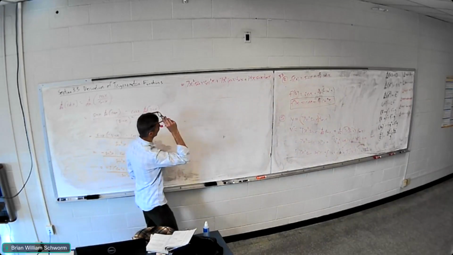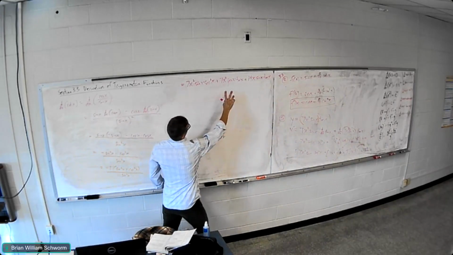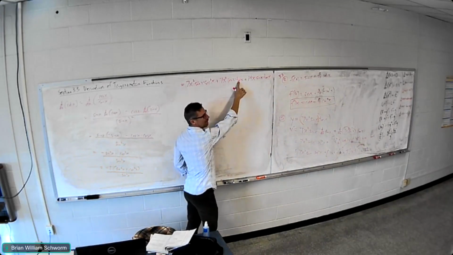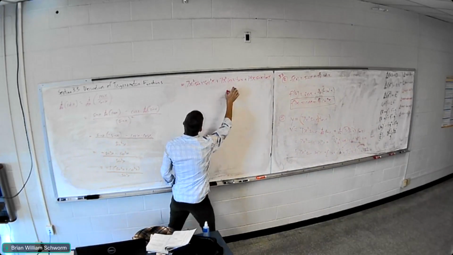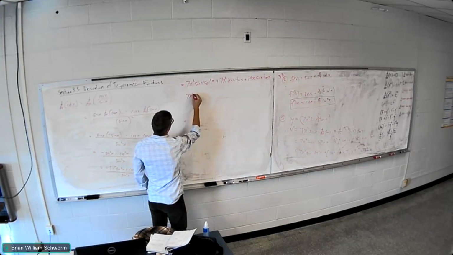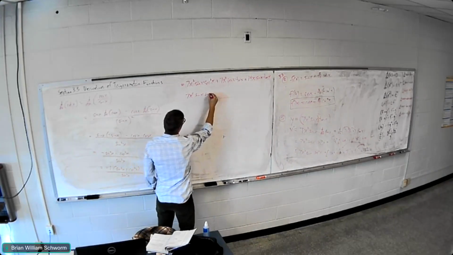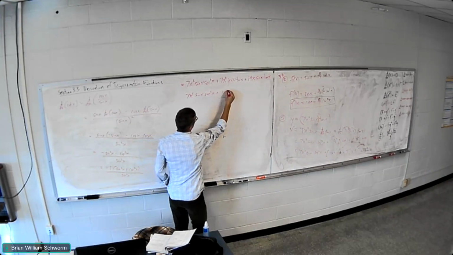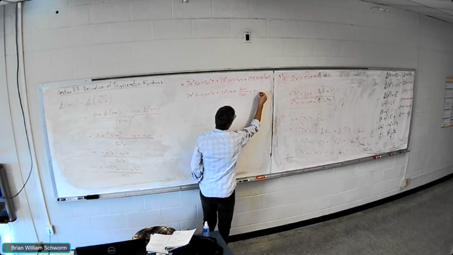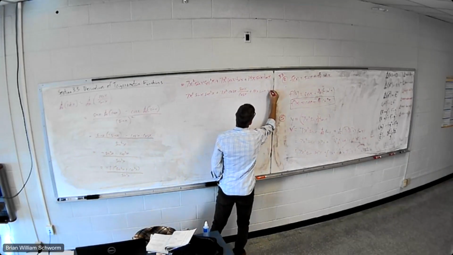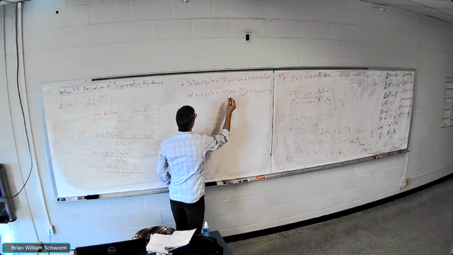But just to show you here quickly, in particular this one here, tangent could be rewritten as sine over cosine. So if I did that for that one, sine of x over cosine of x, then I can cancel the cosine.